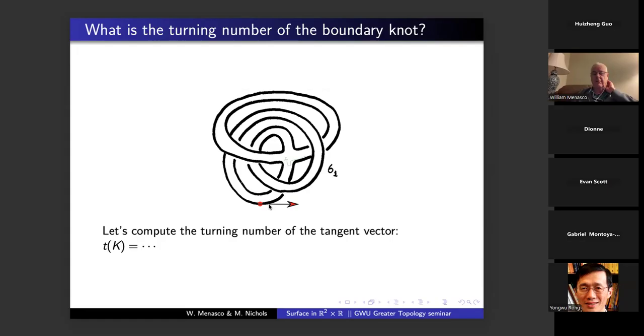It's either going from left to right or right to left.